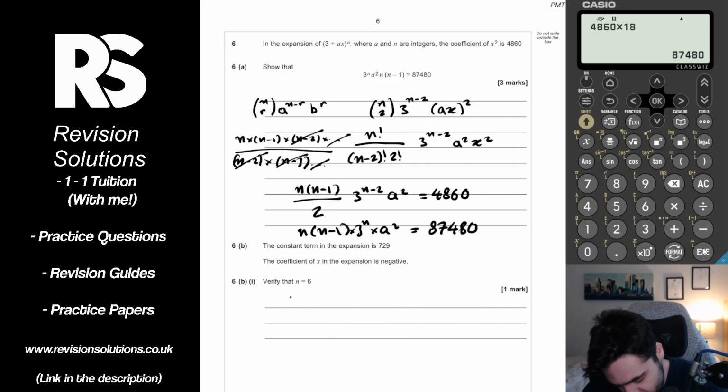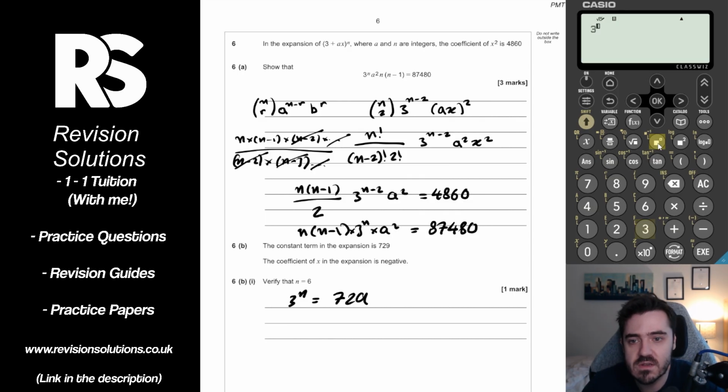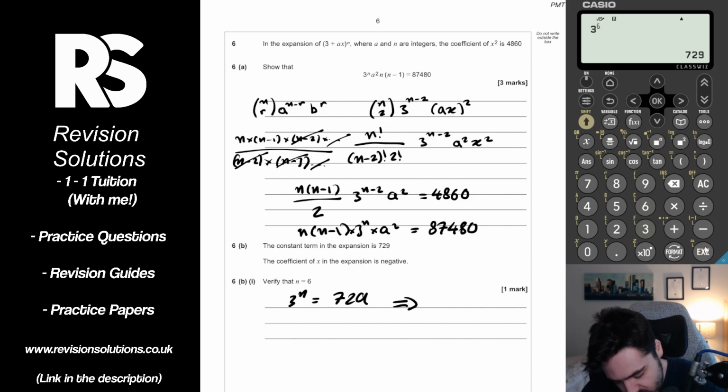So we know that 3 to the n must be 729. And then if you check, let's just do it. So 3 to the 6, is it 729? Yes, it is. So that means n is 6. If you wanted to solve it, you could use a logarithm, right? You could do log base 3 of 729 to check as well.